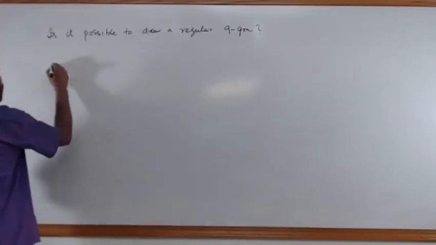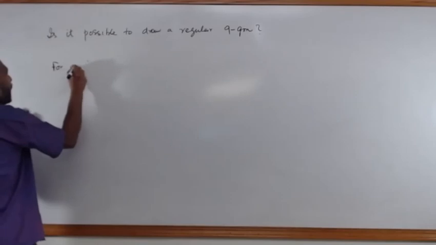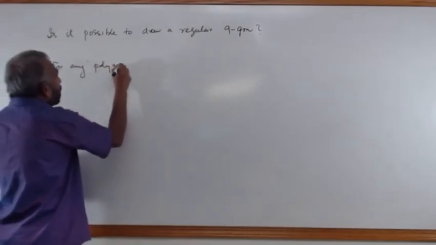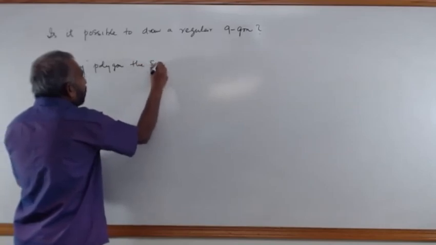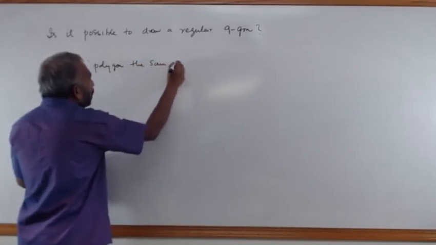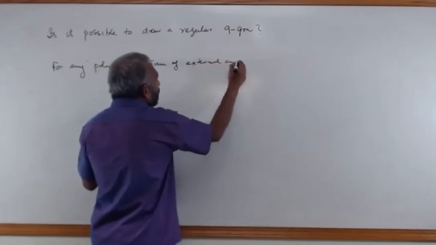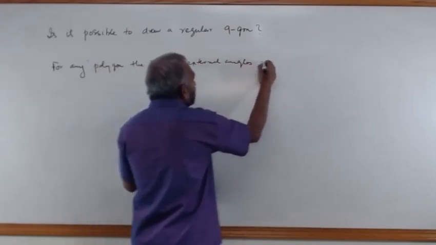So for any polygon, the sum of external angles is equal to 360.